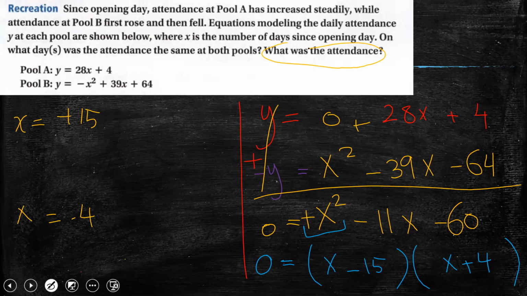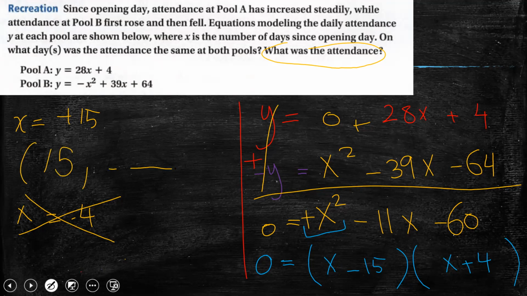No, because the pools cannot open on day negative 4, but it can be open after 15 days or on day 15. So I will not use this number, because I'm talking about days. So now I have this 15 here.